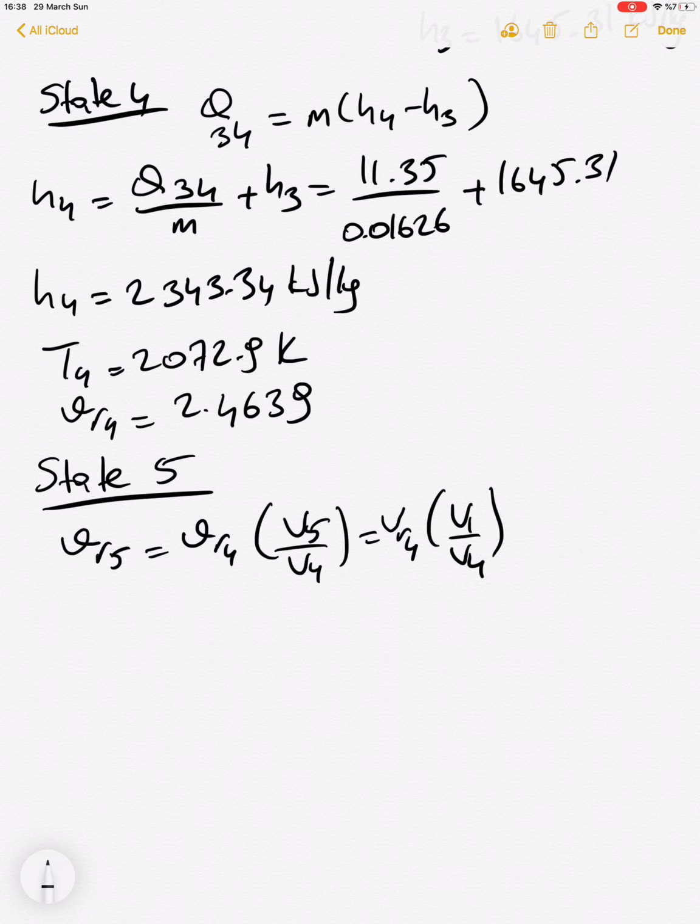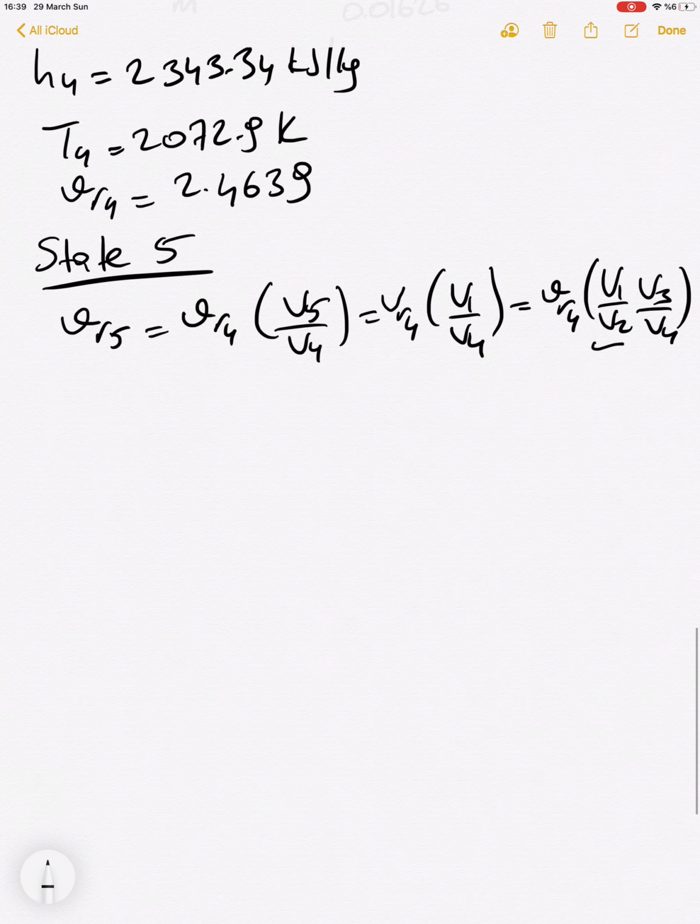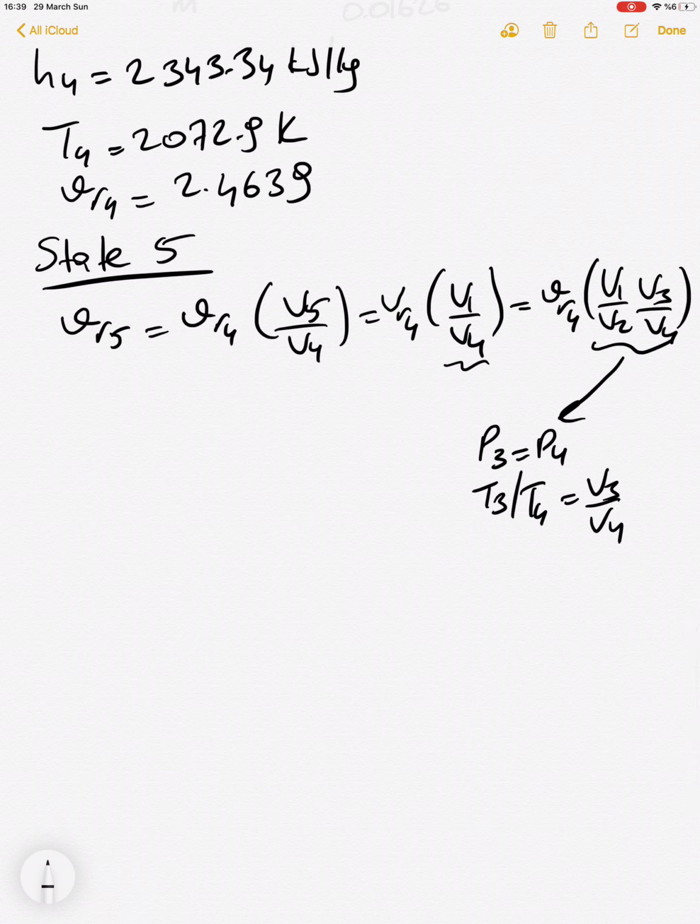And this is going to be equal to VR4 times V1 over V2 times V3 over V4. Is this a trick? Why is that the case? Because P3 is equal to P4 and T3 over T4 is equal to V3 over V4. That's the reason why we can write it in this form.